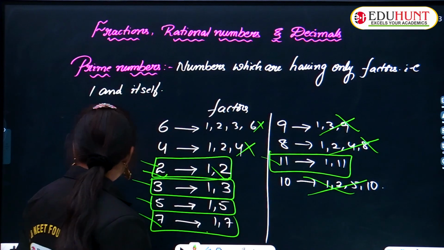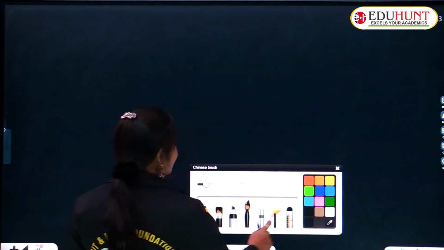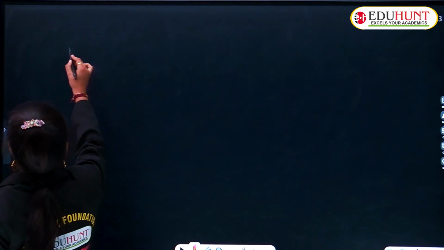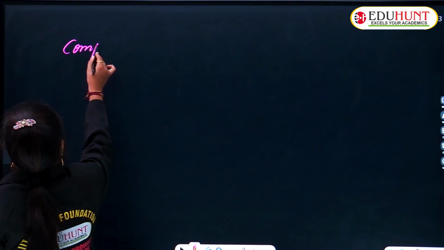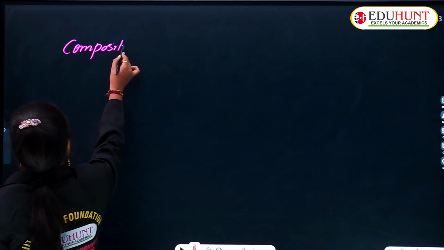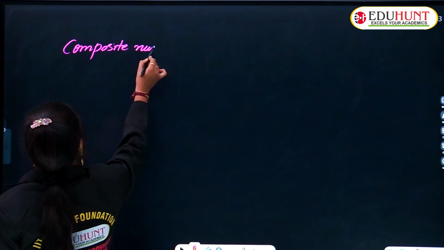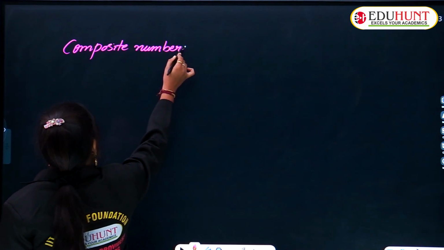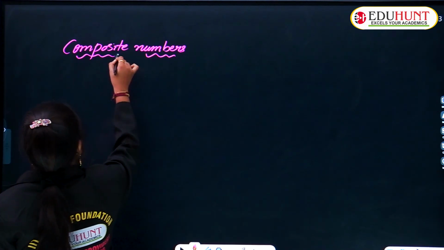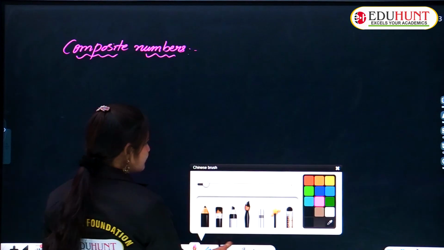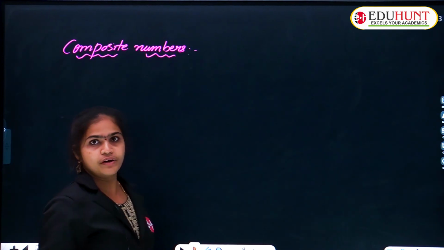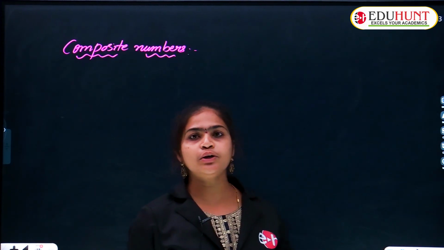Okay. Now see, after this we have composite numbers. Composite numbers means the opposite of prime numbers. Prime numbers are having only two factors.